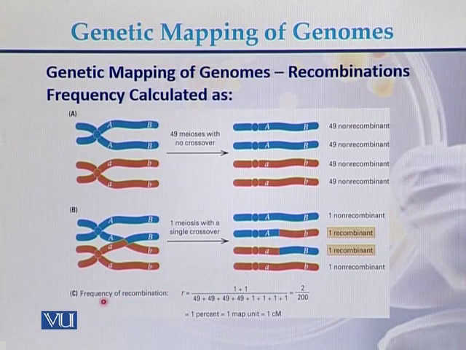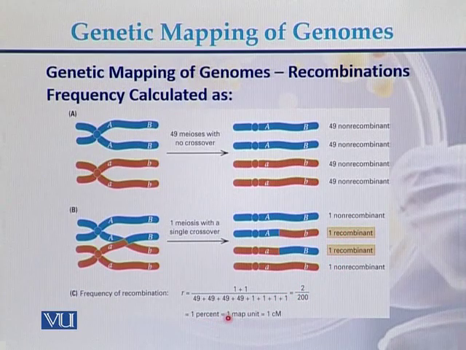When we have to calculate the frequency of recombination, it is all the recombinants, 1 plus 1, over all the non-recombinants, that is 49 plus 49 plus 49 plus 49, and all these recombinants and non-recombinants. So it will be 2 over 200, which means 1%.